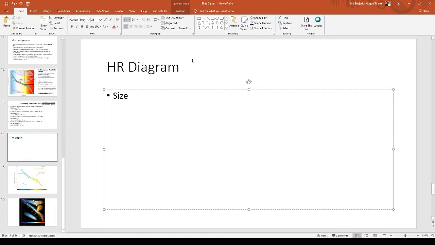So the greater the size of a star, the greater the brightness.